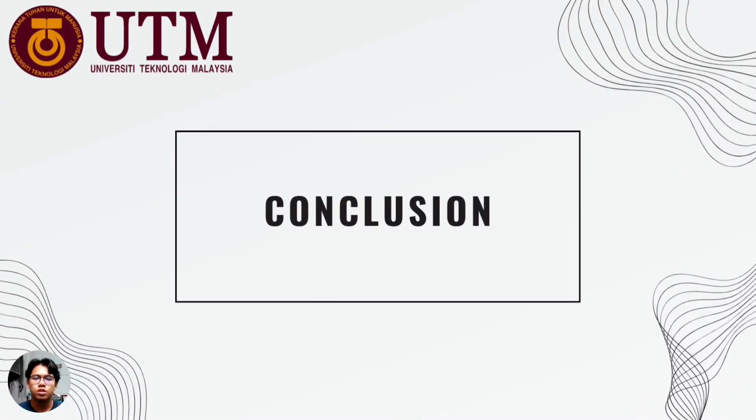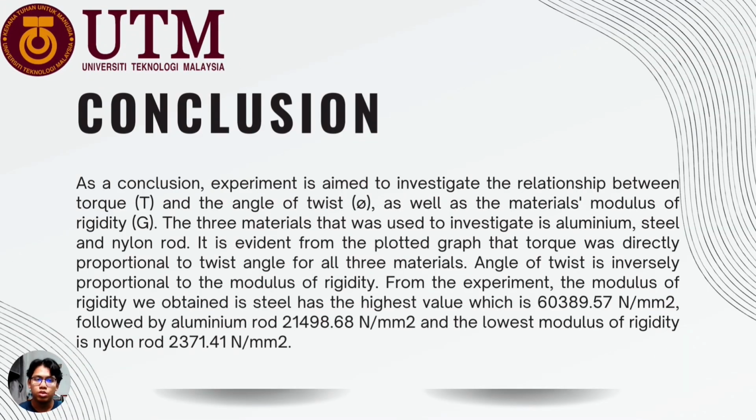As a conclusion, the experiment is aimed to investigate the relationship between torque and the angle of twist, as well as the materials' modulus of rigidity. The three materials used to investigate are aluminum, steel, and nylon rod.